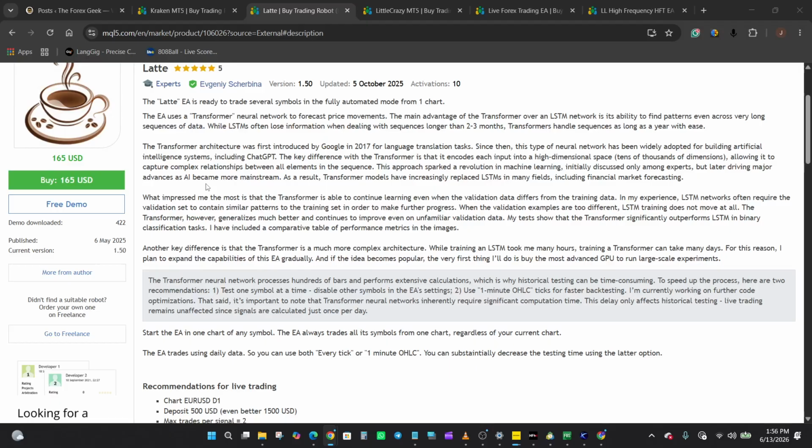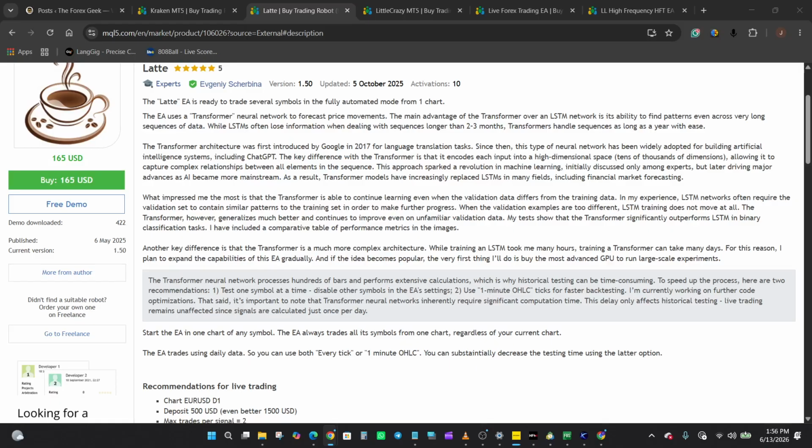The description goes into considerable detail about why a transformer architecture was chosen, explaining that it can identify patterns across very long sequences of data and is intended to improve generalization compared to older neural network approaches.